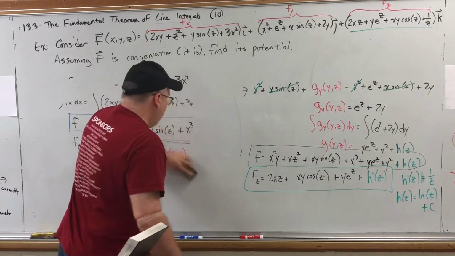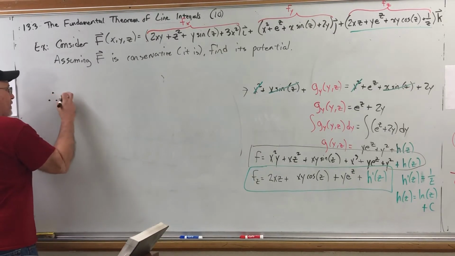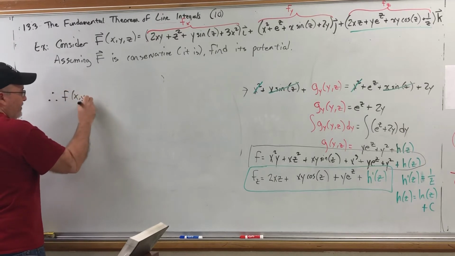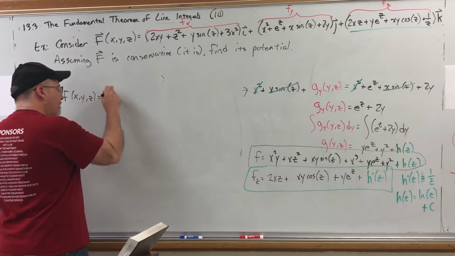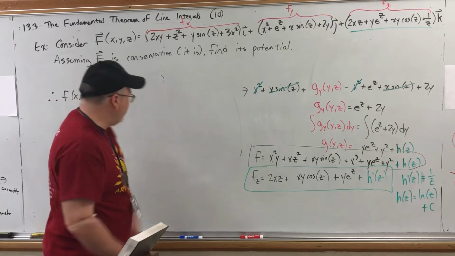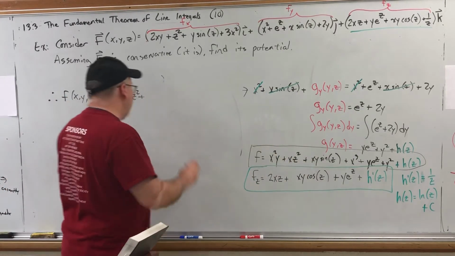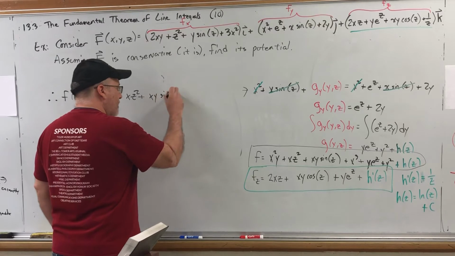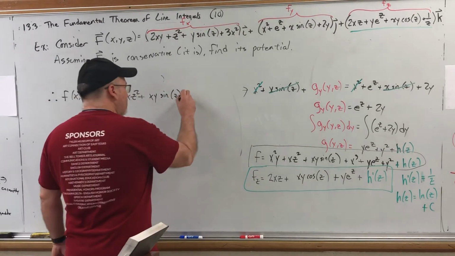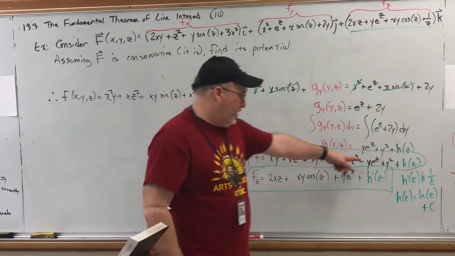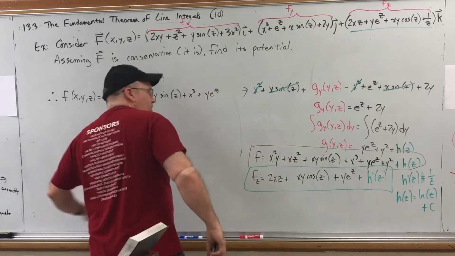So, therefore, our potential function f of x, y, z is equal to x squared y plus x z squared plus x y sine of z plus x cubed plus y e to the z. Have to clear some room here.